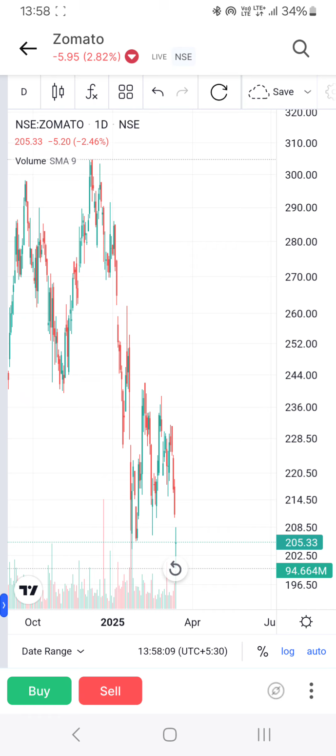Not only this, my major motivation to enter Zomato at this point was that at the end of this month, March month ending, it will be added to Nifty 50. Currently it is not in Nifty 50, it is not a top 50 stock, but it will be added to the Nifty 50 index.